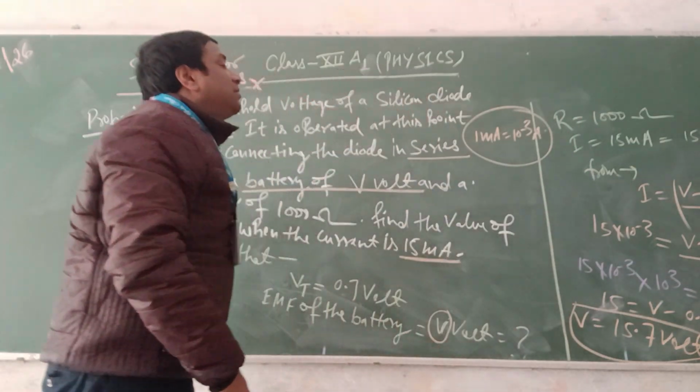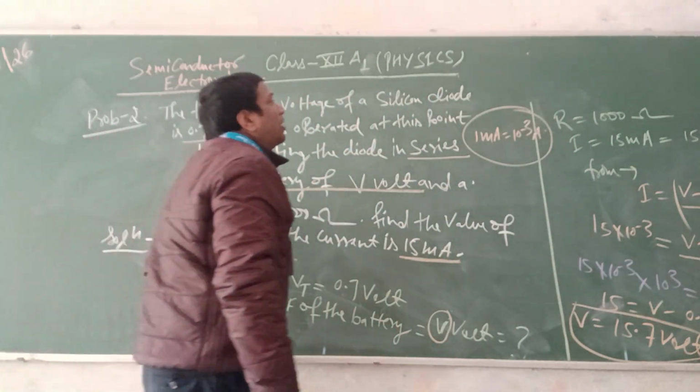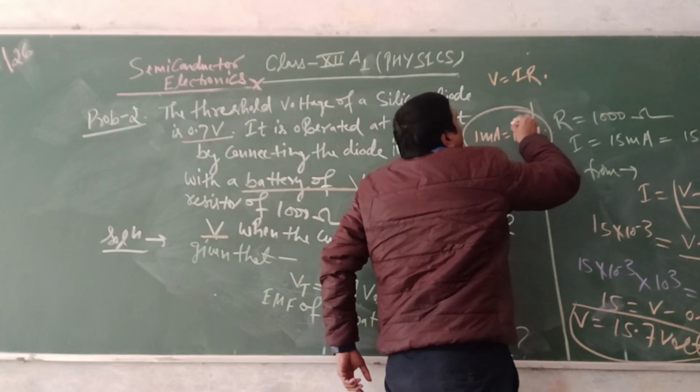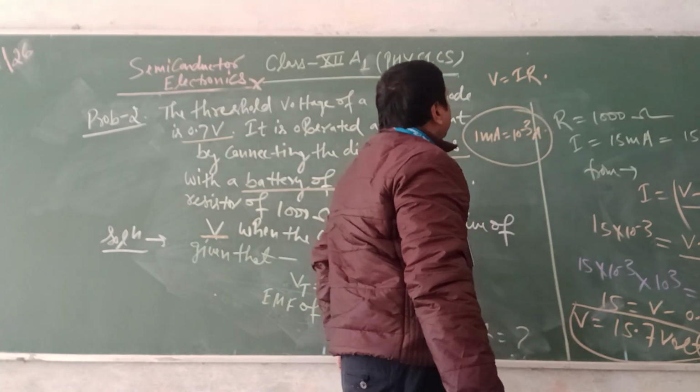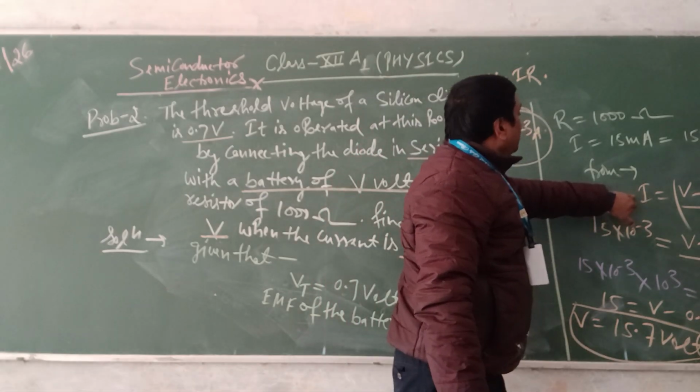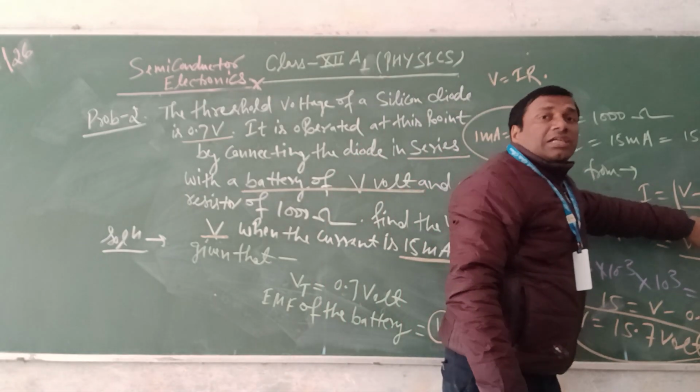All of you know Ohm's law: V is equal to IR. We have to find the value of V, and we have the current, voltage and resistor.